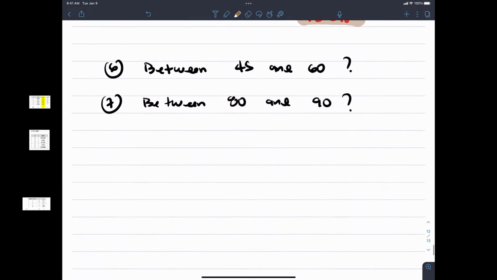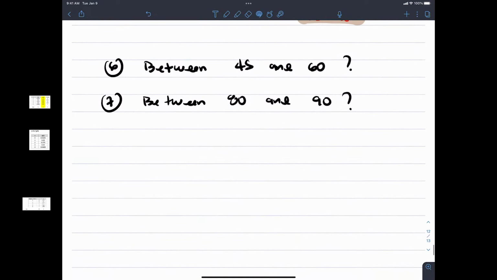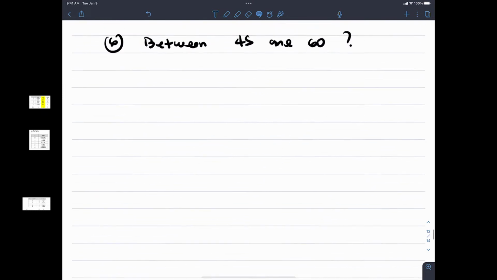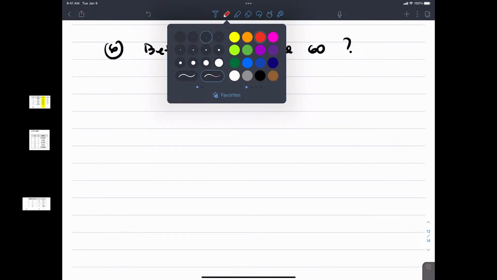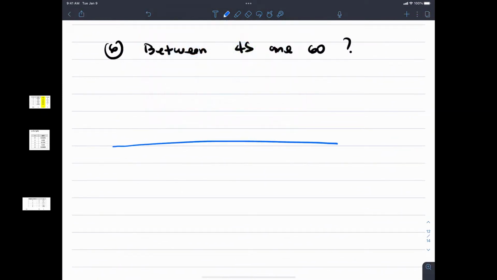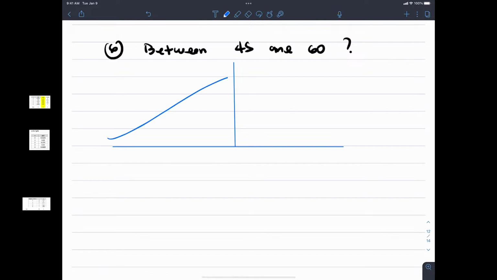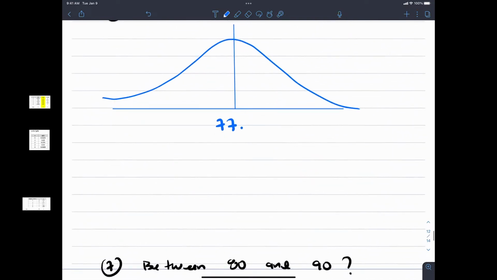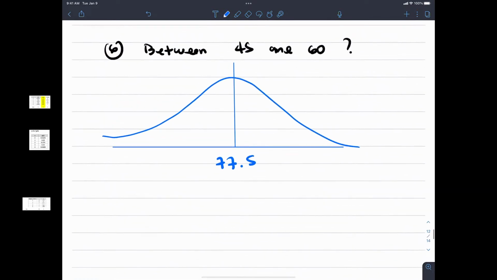All right, here we go. 77.5. And this is like between 45 and 60, right?